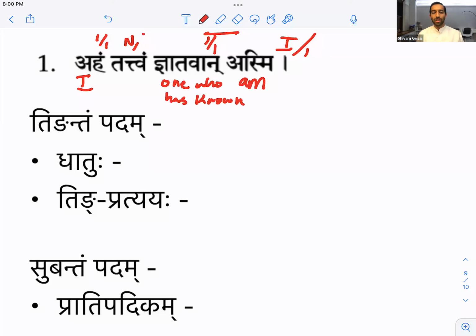I am the one who has known. Or one who knows. So this is Pratama Vibhakti Ekavachanam. You can say Samanadhikaranam with aham. This is the predicate to aham.